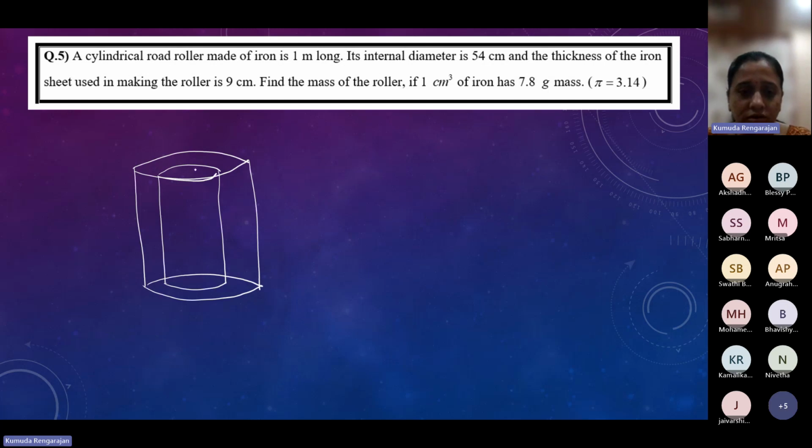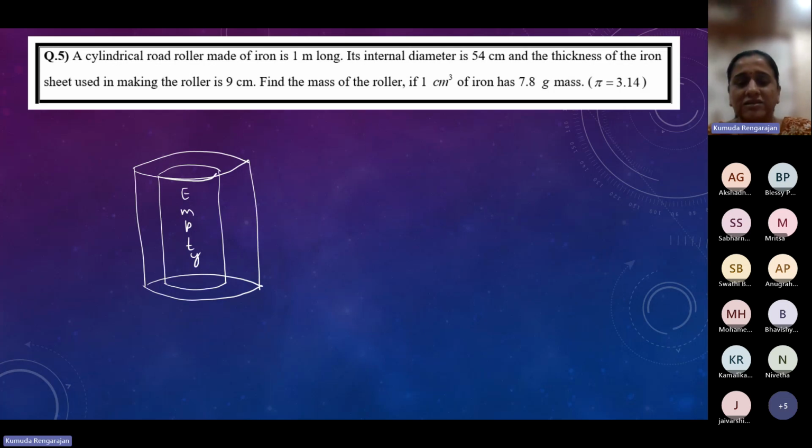See the road roller, it's hollow, it's empty here. This is empty. You can see through, like the roll of a sellotape. Exactly like that. The road roller, it's heavier, that's all. You can lift the roll of a sellotape while you cannot lift the road roller.